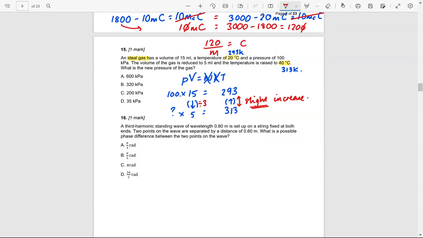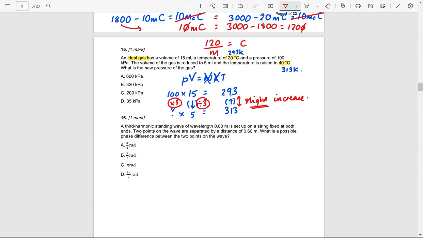Now, if we want PV equals NKT on the first situation to equal PV equals NKT on the second situation, this P here needs to be at least 3 times bigger, because if we're dividing by 3 here, we need to times by 3 here.